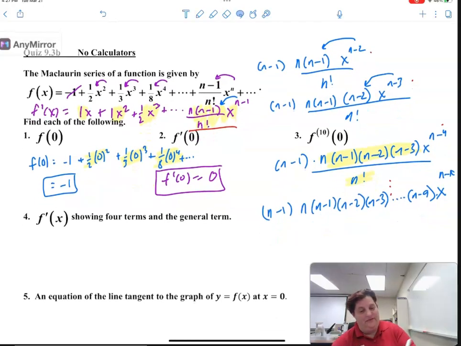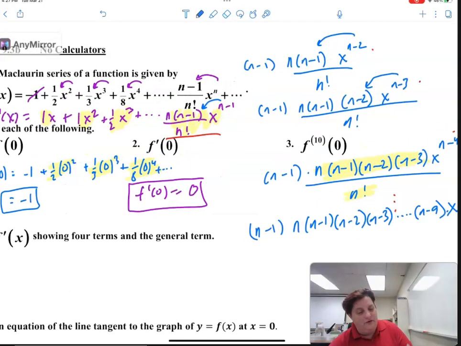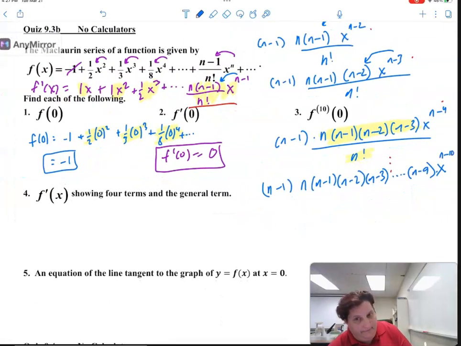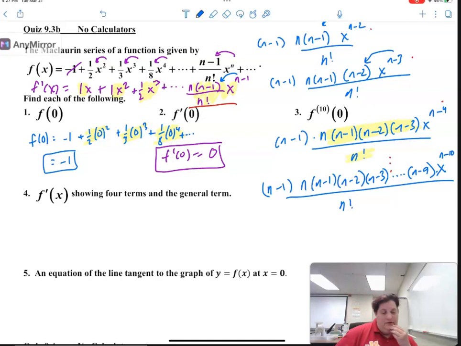This is what my 10th derivative would be, because my fourth derivative was n minus 4 and my third derivative was n minus 3, and then it's all over n factorial. So my 10th derivative at 0 is going to be all those going up to that point.